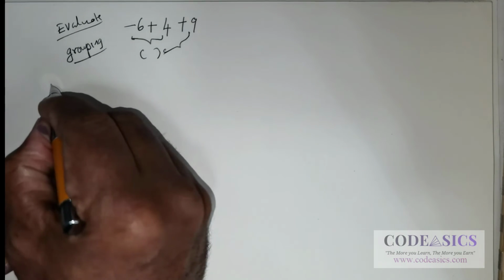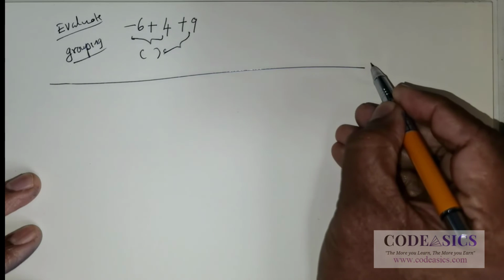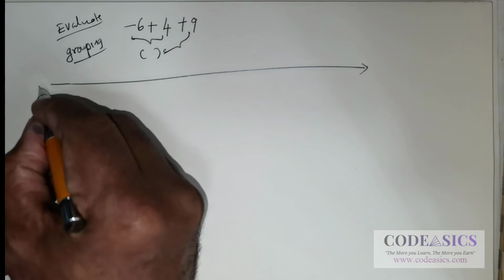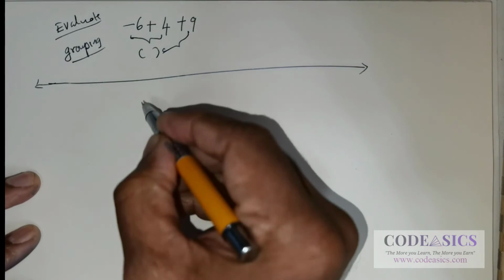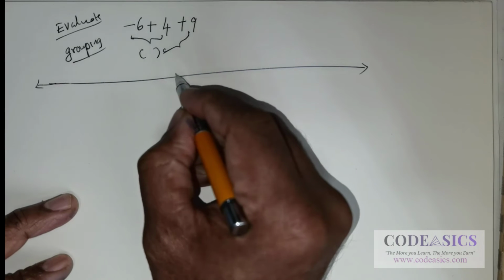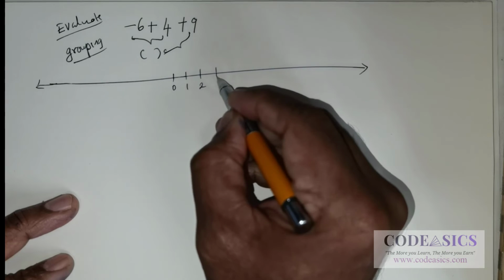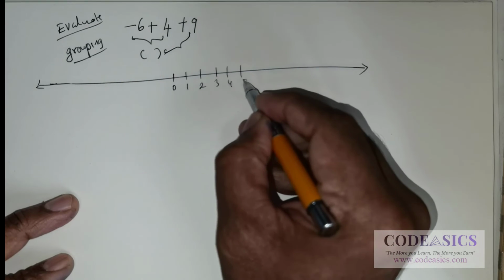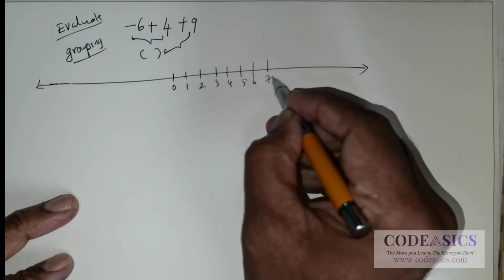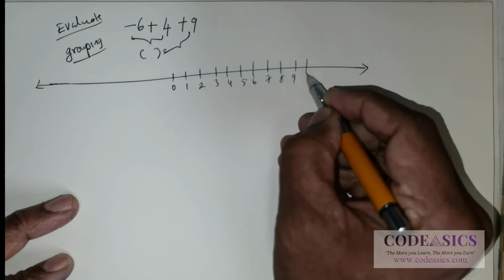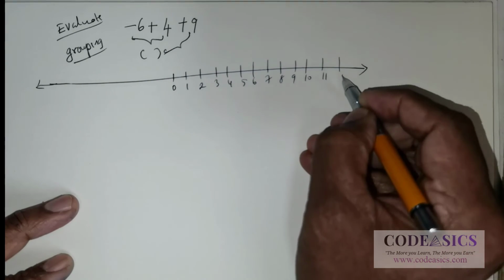So first, I'm going to draw the most famous number line, and I would start with 0 and place the quantities 1, 2, 3, 4, 5, 6, 7, 8, 9, 10, 11, 12.